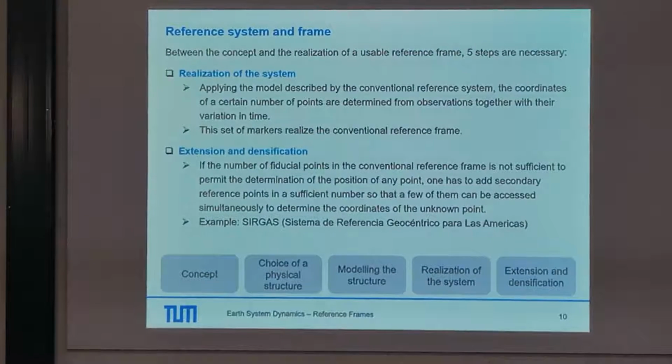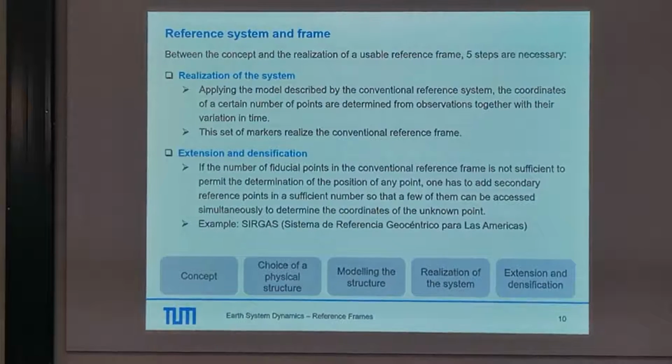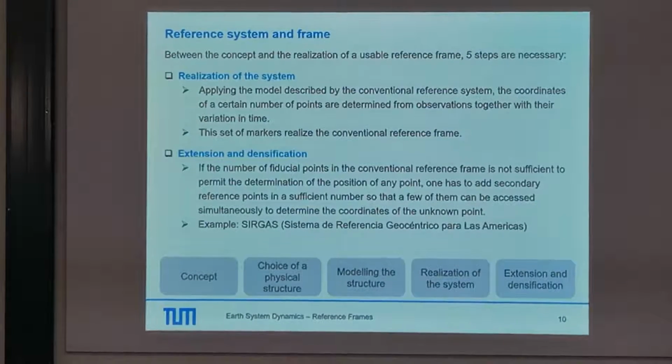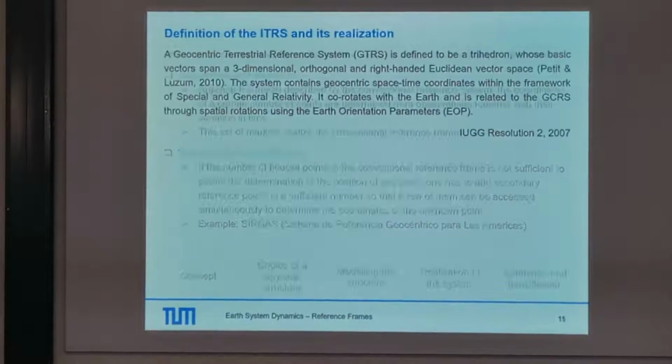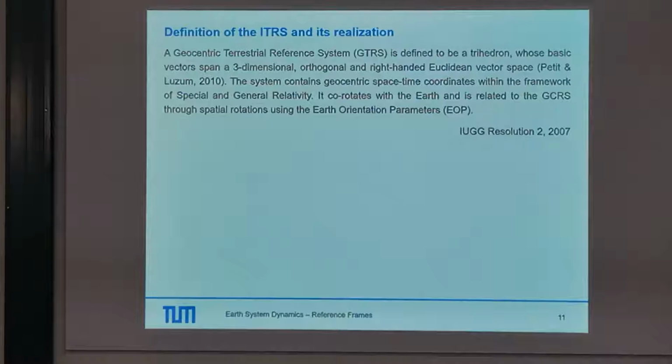The example is, I said, for the Japanese region, but also the SIRGAS reference system is a densification for the South American and Caribbean region. Okay, so any questions so far on these 5 steps?